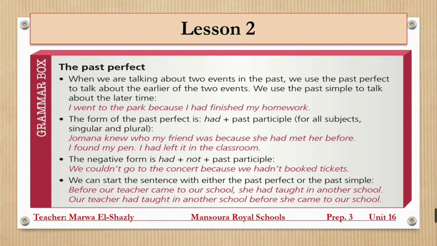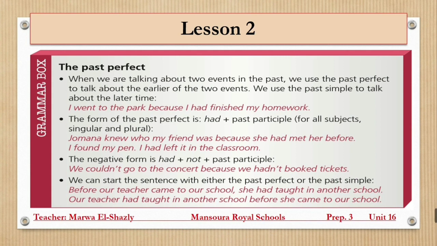The form of the past perfect is had plus past participle. And this is for all the subjects, singular and plural. Jumana knew who my friend was because she had met her before. So we understand from this sentence that Jumana knew my friend because she had met her before.